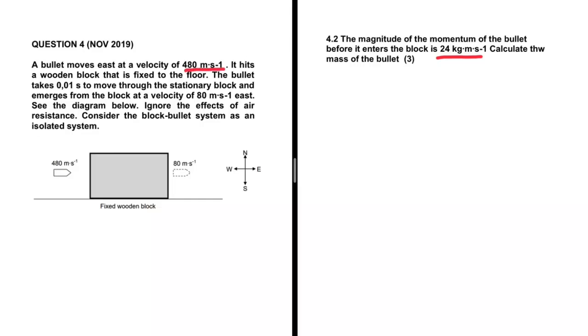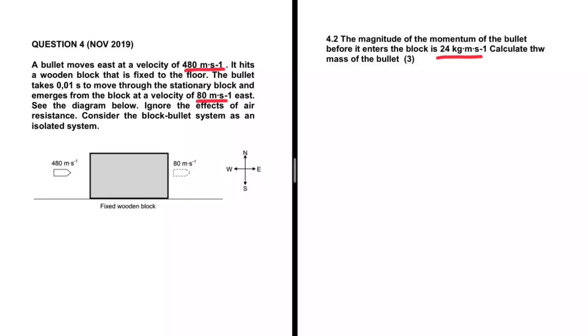It hits a wooden block that is fixed to the floor. The bullet takes 0.01 seconds to move through the stationary block and emerges from the block at a velocity of 80 meters per second east. See the diagram below. Ignore the effects of air resistance and consider the block bullet system as an isolated system.